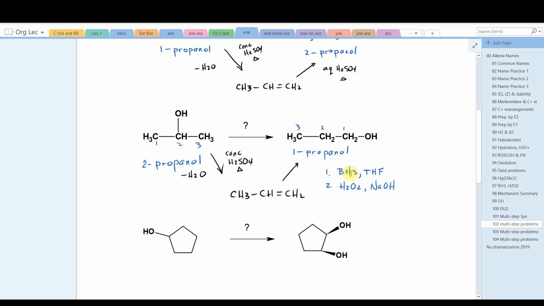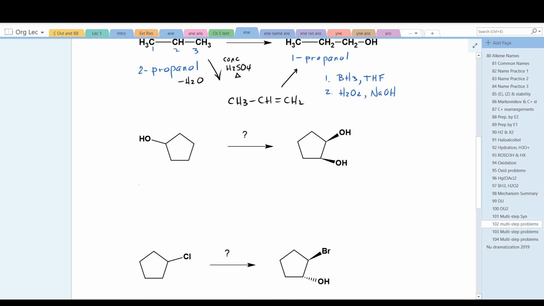The BH3 adds such that hydrogen will add to the more substituted carbon because it's more crowded here and hydrogen is small. Simultaneously, BH2 adds to the less substituted carbon because there's more room here and BH2 is larger. That'll put the hydrogen on the central carbon and BH2 on the end carbon. In the second step, hydroxyl group from our peroxide displaces the BH2, giving us the anti-Markovnikov alcohol, 1-propanol.